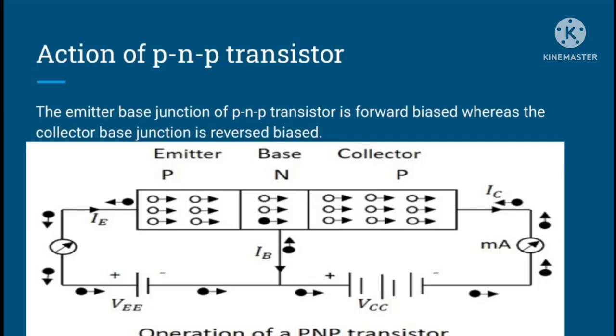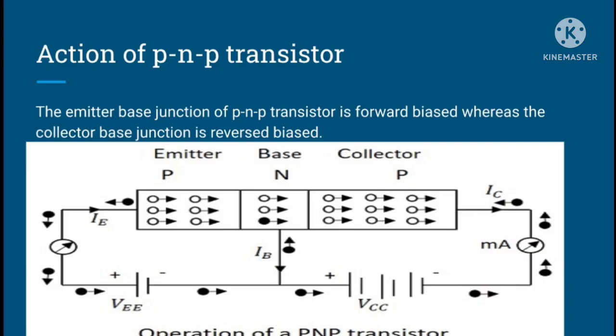Now the next one is the action or the working of the PNP transistor. The emitter base junction is forward biased, whereas the collector base junction is reverse biased. This is the equivalent circuit shown in the figure. Here the emitter base junction is forward biased.